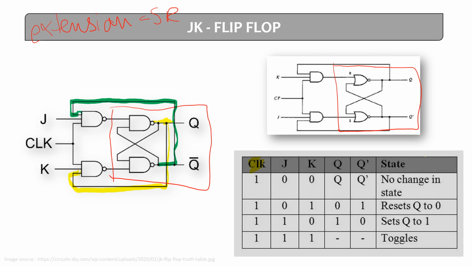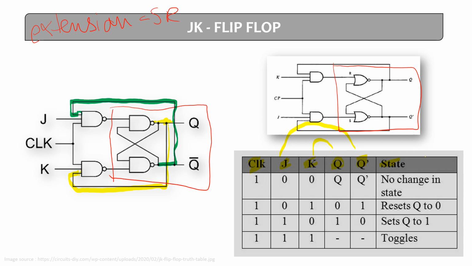Now let's focus on the values of J and K. Q and Q dash are most important here to check the state, because we know that Q is always going to be the input for K and Q dash is going to be the input for J. So these are in combination, and it is very important to see what Q and Q dash are.